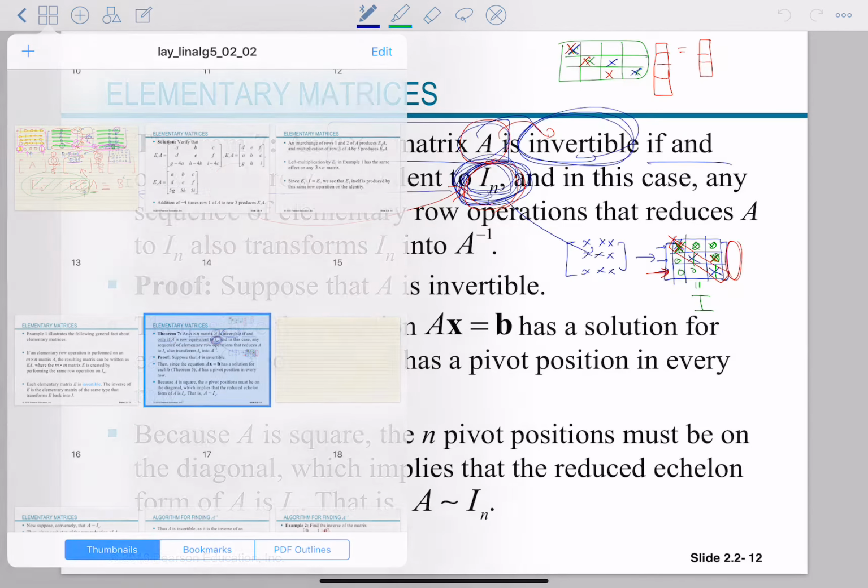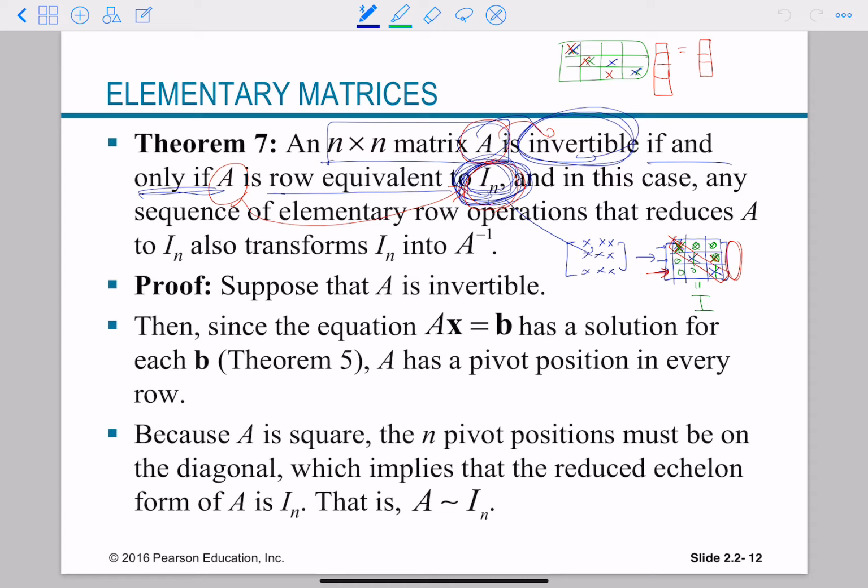Okay, so last time this Theorem 7 was the main part that we studied.